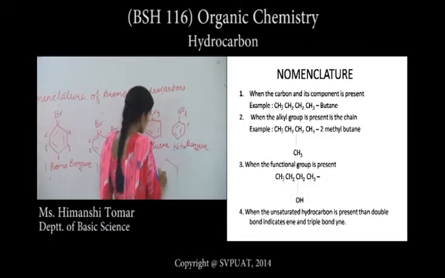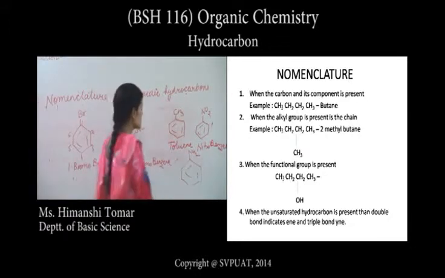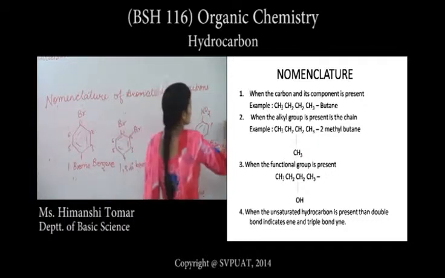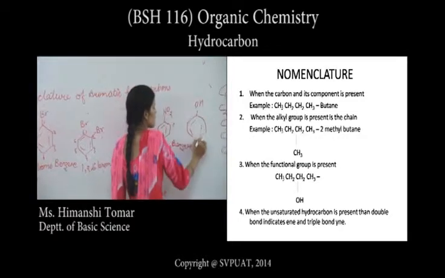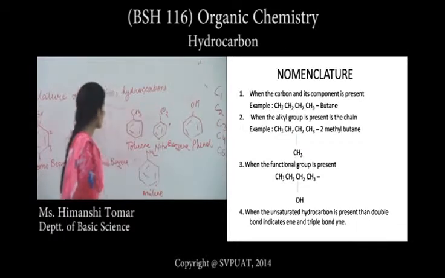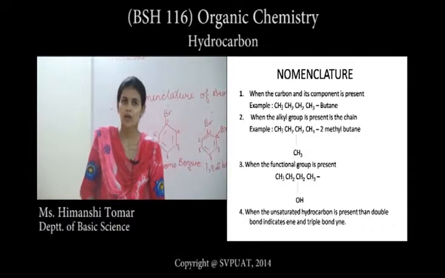If we have an amine group, then the name is aminobenzene, also known as aniline. If we have an alcohol group on the benzene ring like this, the name is phenol. So we know that benzene and its derivatives are aromatic hydrocarbons.